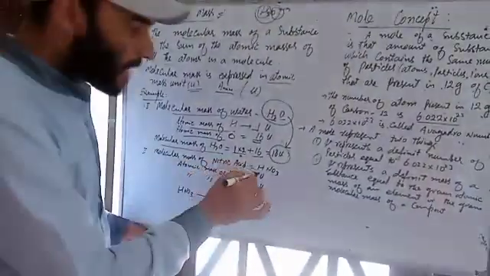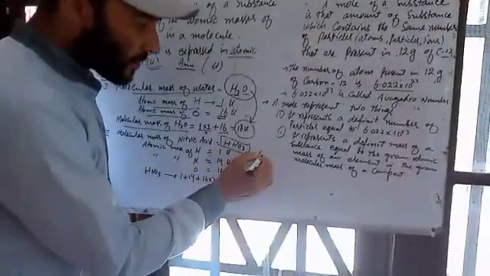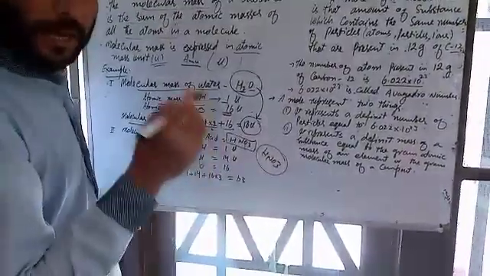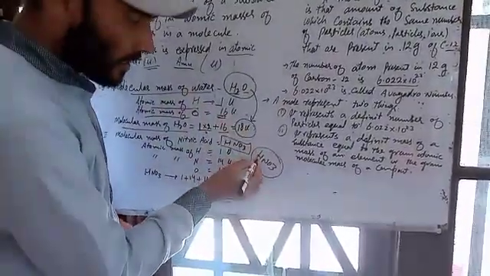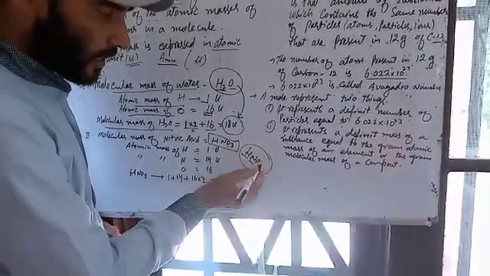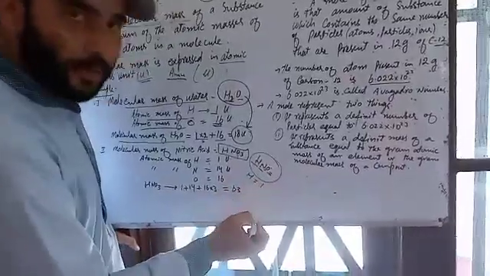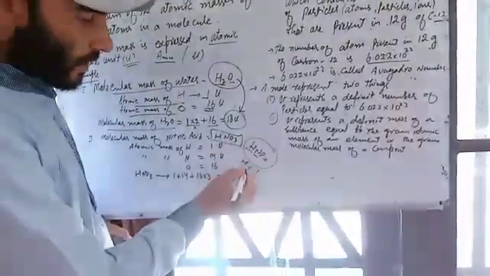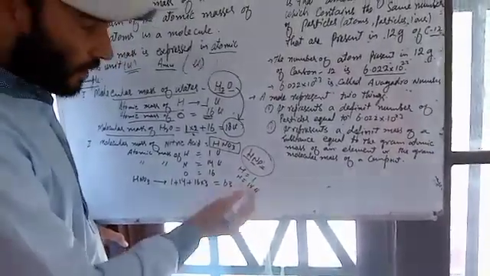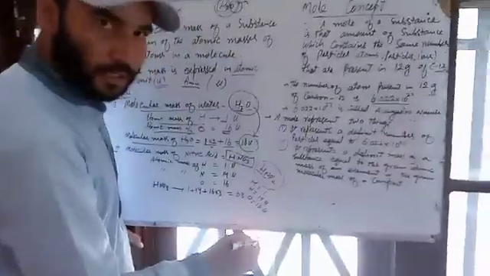Next is HNO3. HNO3 has 3 types of elements or atoms: hydrogen, nitrogen and oxygen. Hydrogen has 1 atomic mass, nitrogen has 14 units atomic mass, and oxygen has 16 units atomic mass.